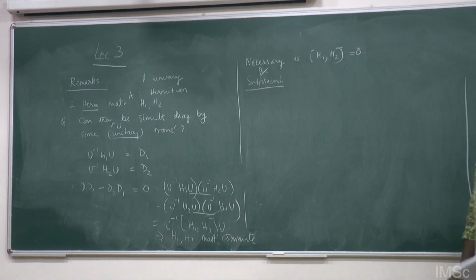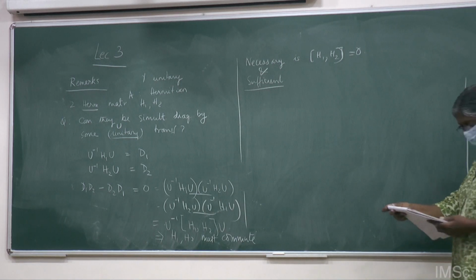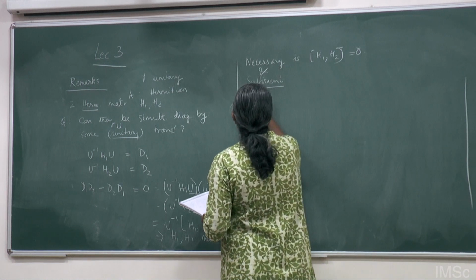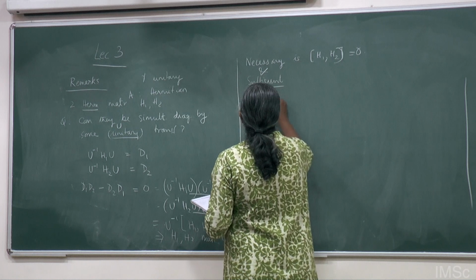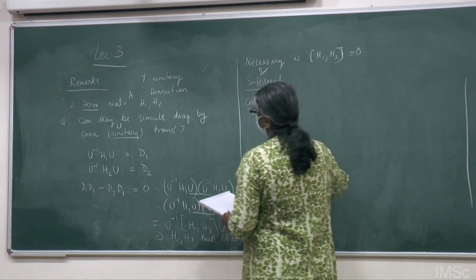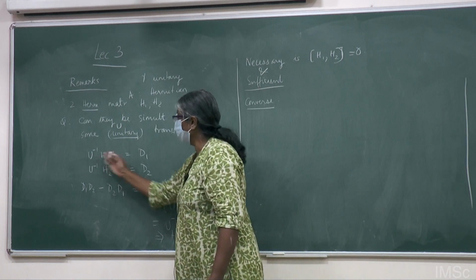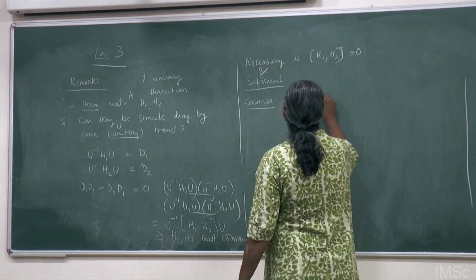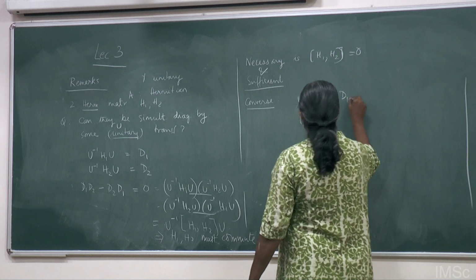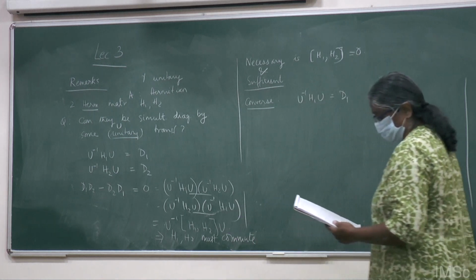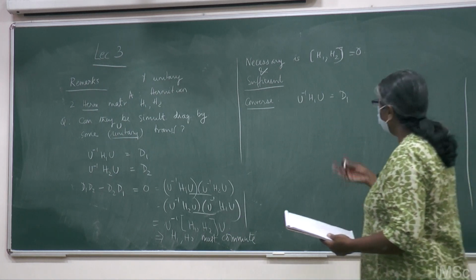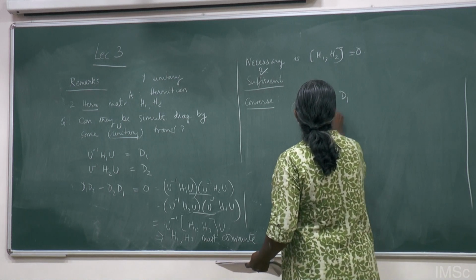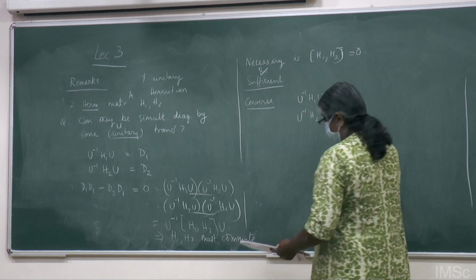And to prove that, look at the converse. Suppose U diagonalizes H1, but it is not able to diagonalize H2. So let's call it some matrix M which is not diagonal.